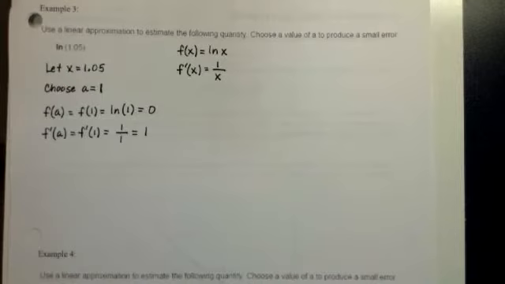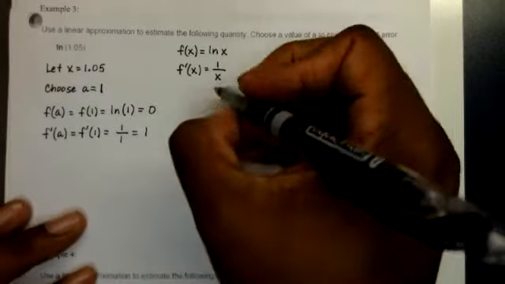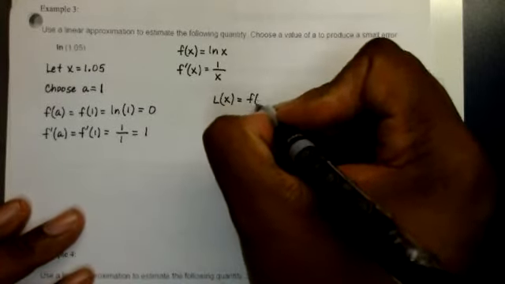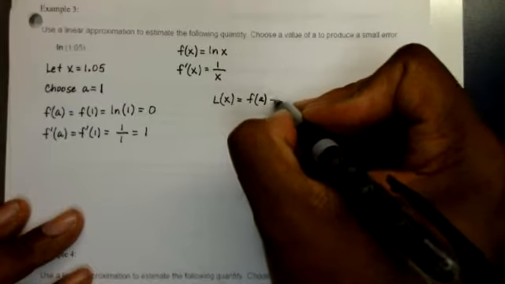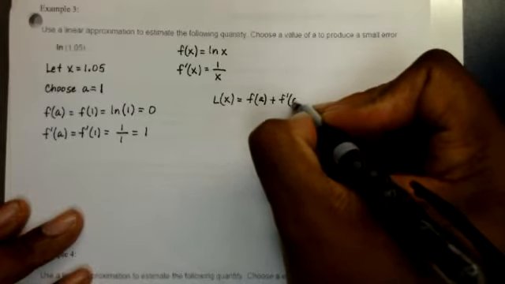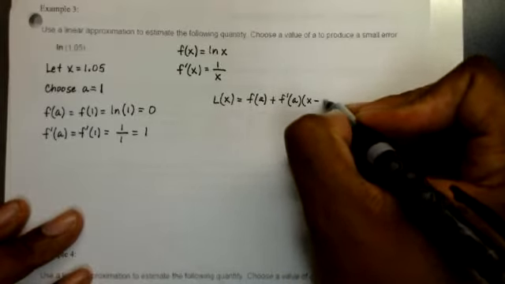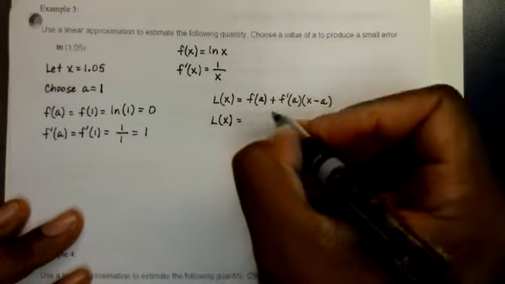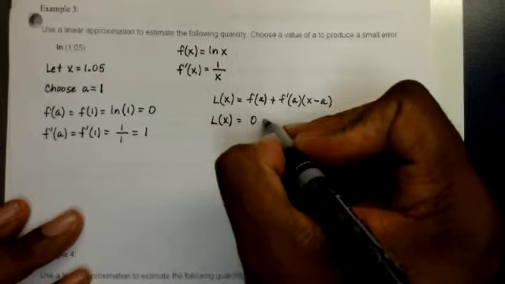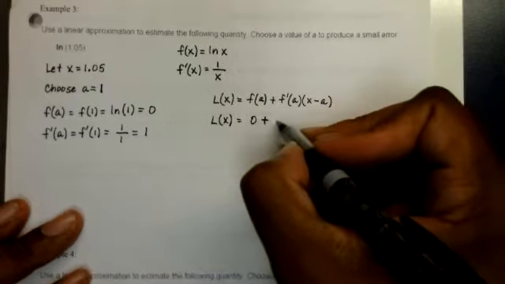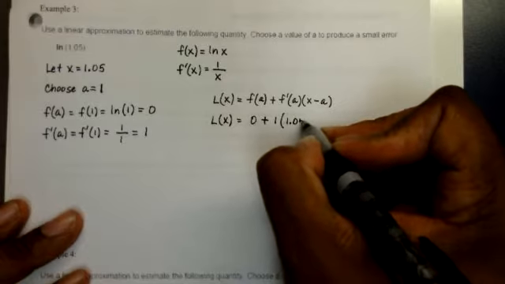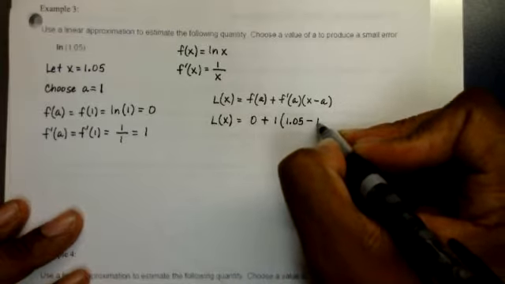So from here, I can use the linear approximation formula. And that's L of x is equal to f of a plus f prime of a times x minus a. So here f of a is 0. F prime of a, that's 1, times x, which is 1.05, minus a, which is 1.